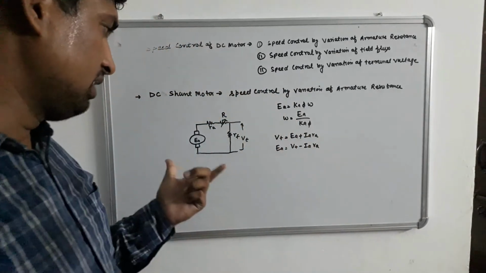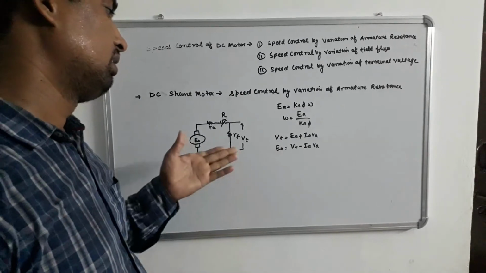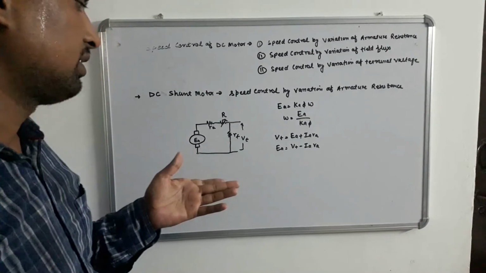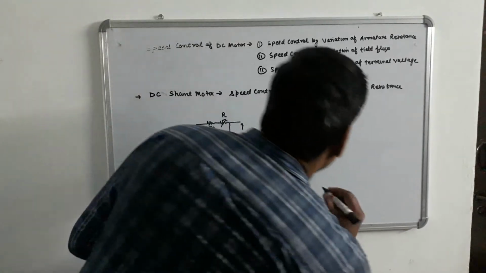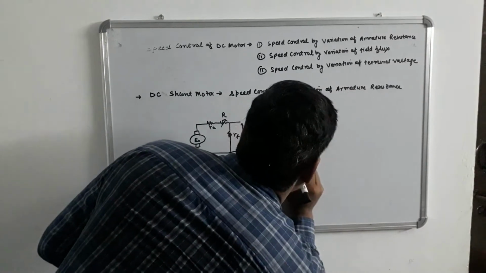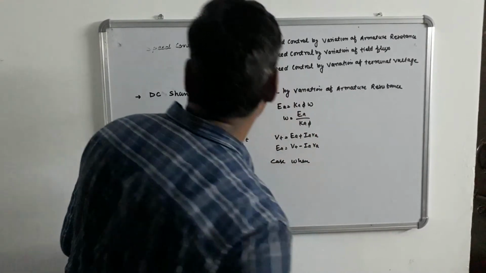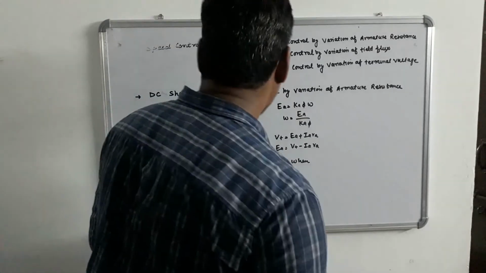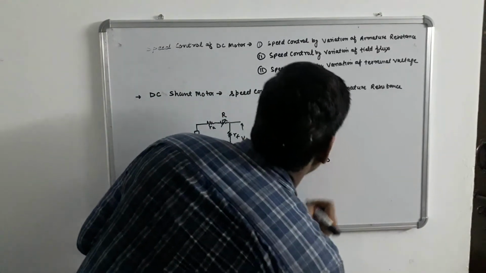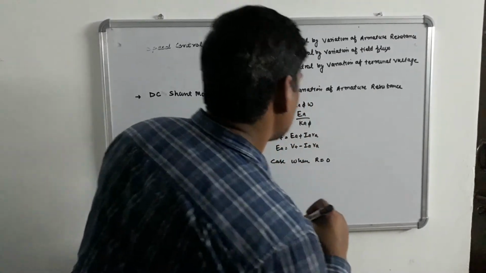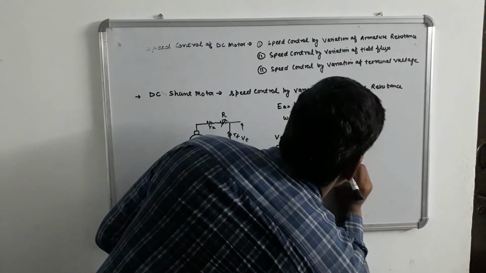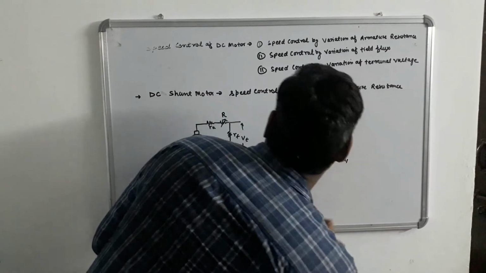We are taking two cases. Case 1, when the external variable resistance R is equal to 0. In this case, the armature current will be IA1.